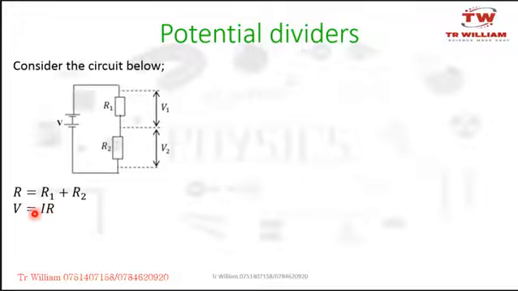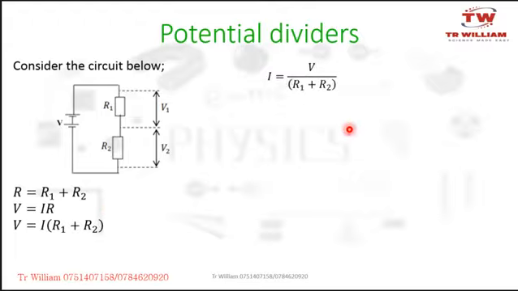So if voltage is current times resistance, and we have already known that the resistance in the circuit will be R1 plus R2, therefore, how can I determine current? So from that statement, voltage is equal to IR. Remember, this is total resistance. So therefore, my current will be given by voltage, the input voltage divided by total resistance, okay?